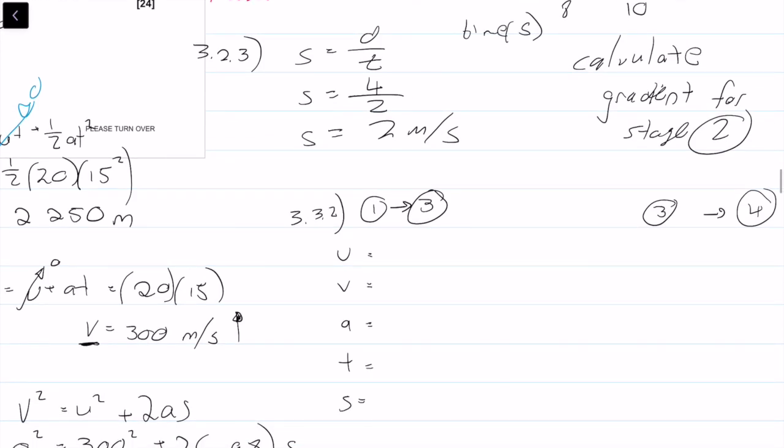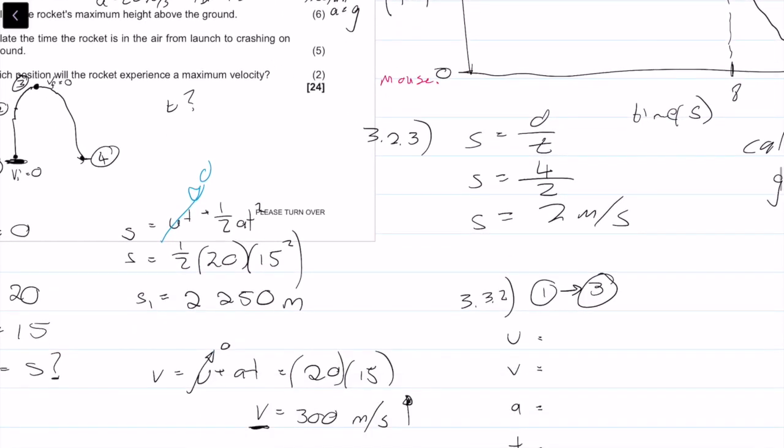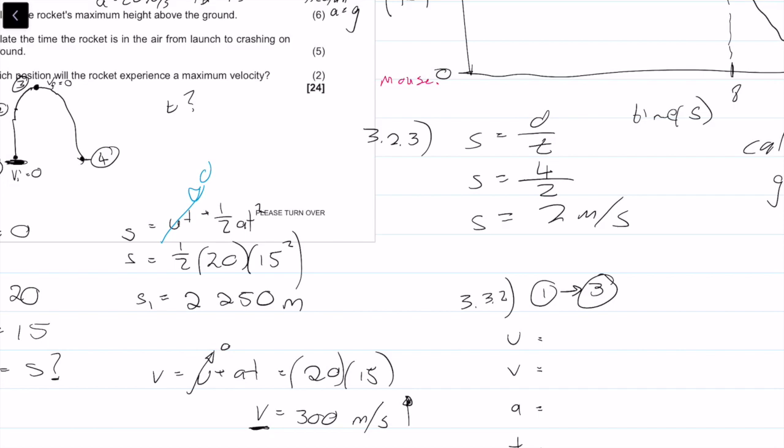Okay, so at the ground, the initial velocity was equal to, let's see, oh, actually, sorry, I've made a mistake here, because I'm going to go from 2 to 3.